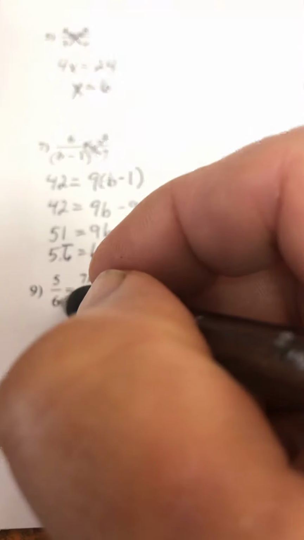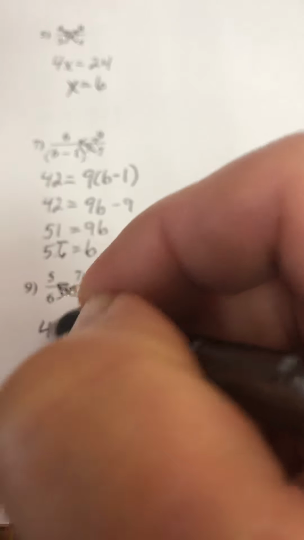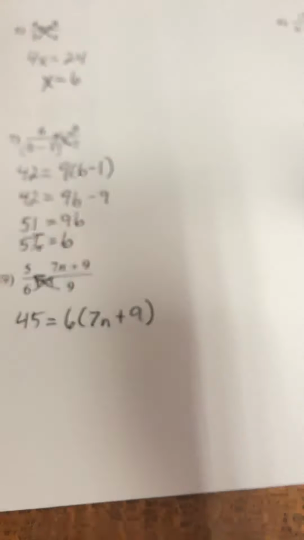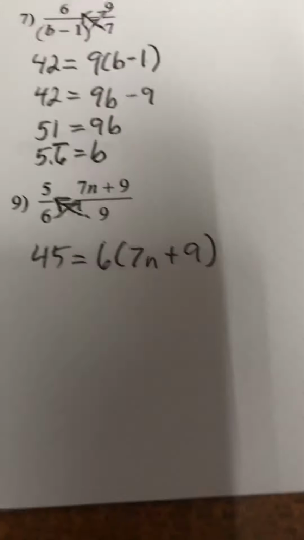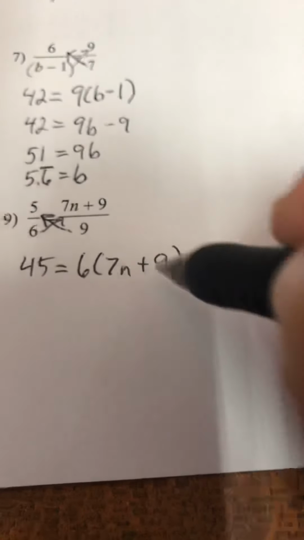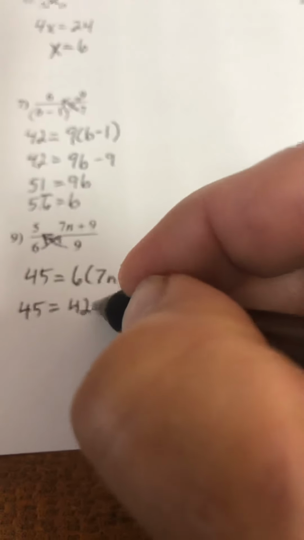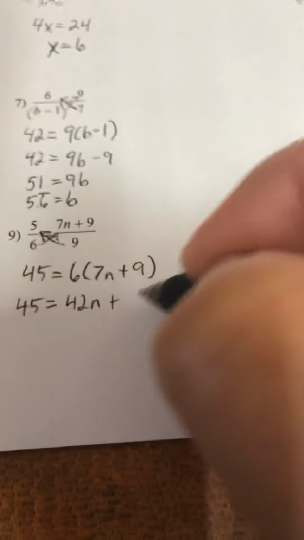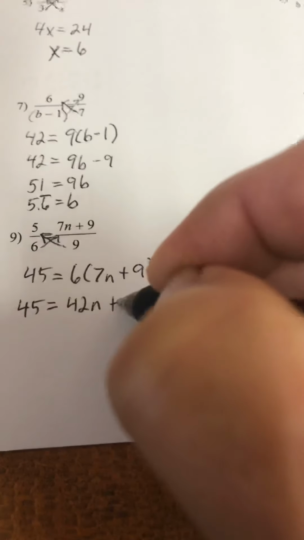Okay, I'm going to do the same thing over here. 9 times 5 is 45. And then I have 6 times the quantity of 7n plus 9. I'm going to use the distributive property to get this part completed. I bring down the 45, and it equals 6 times 7 is 42n, and 6 times 9 is 54.